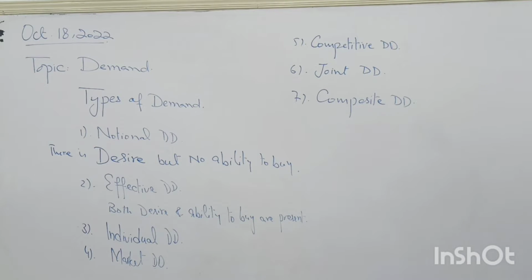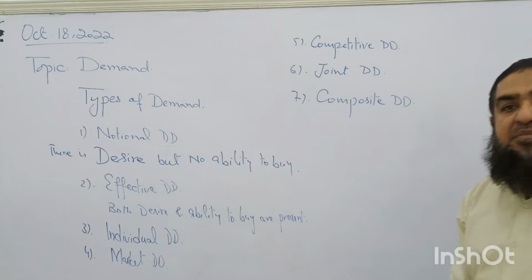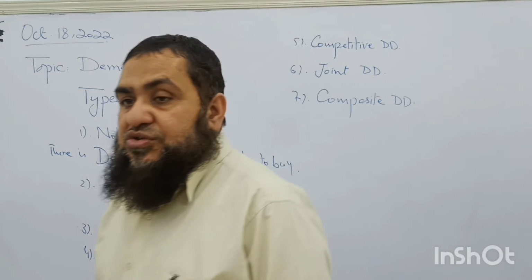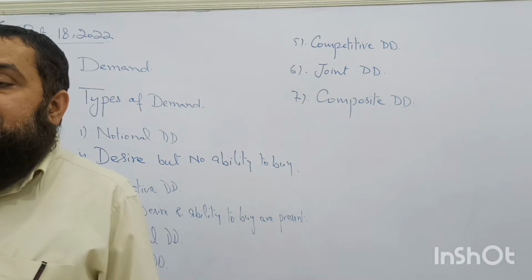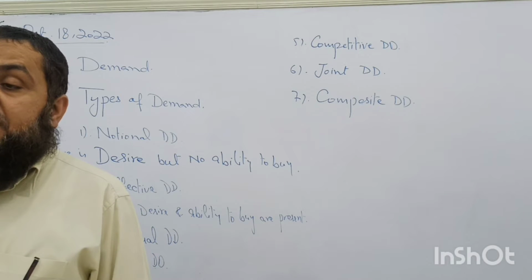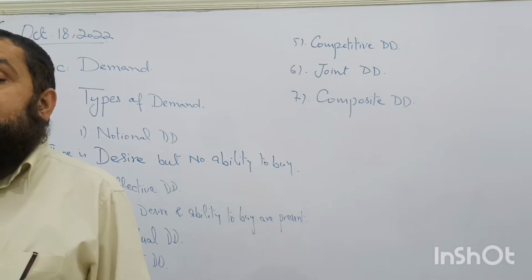Milk is used in many ways. So demand of milk is having multiple uses. That's why we say it is called a composite demand. If in one use demand of milk has increased, for all other purposes its supply will decrease.